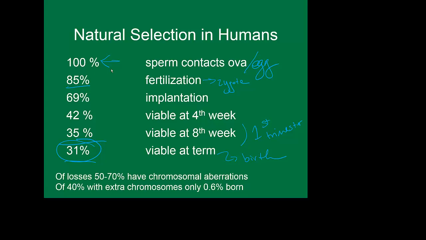And some of them, we look at extra chromosomes occur. We have something known as trisomy 21, where we have 3 copies of chromosome 21. It's a syndrome known as Down syndrome to us. Okay. But only 0.6% are born that have an extra chromosome.